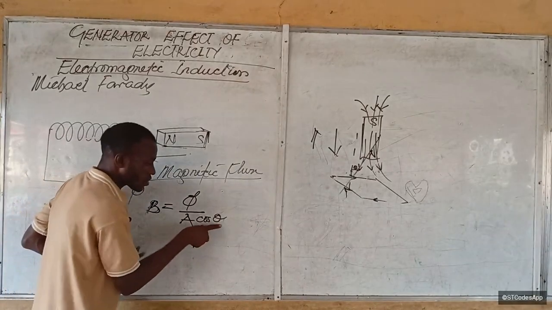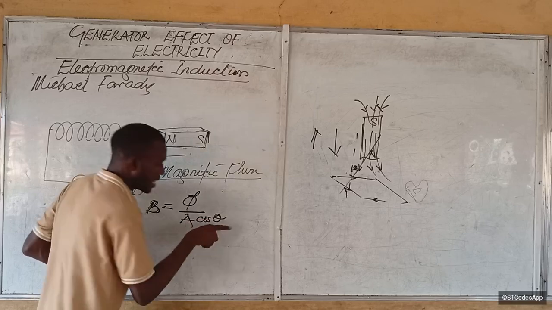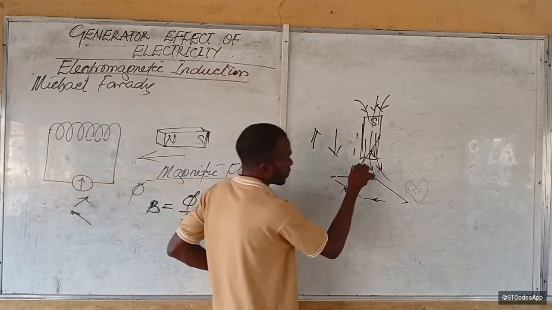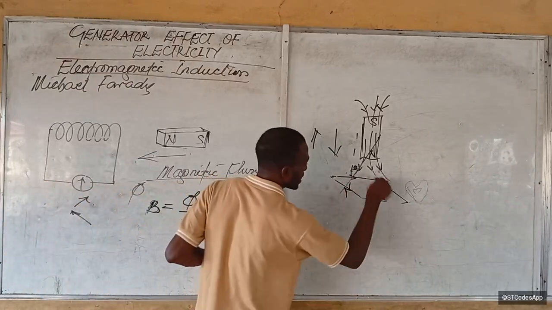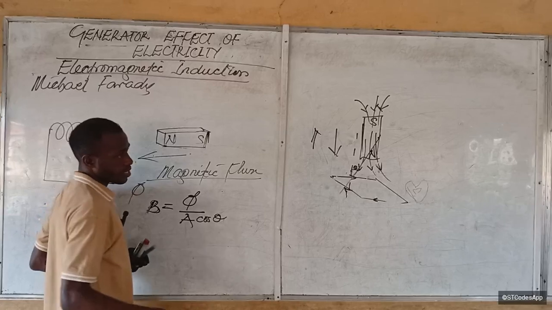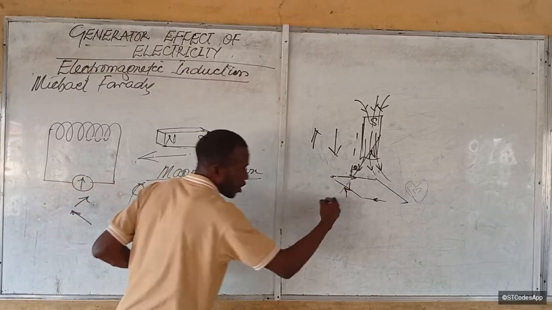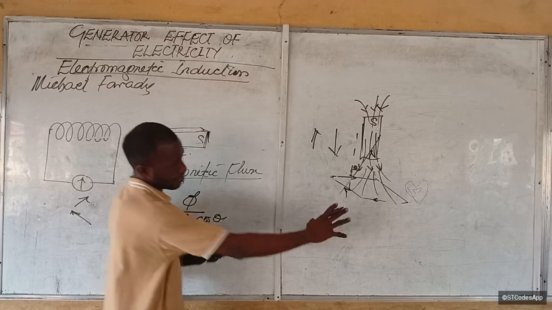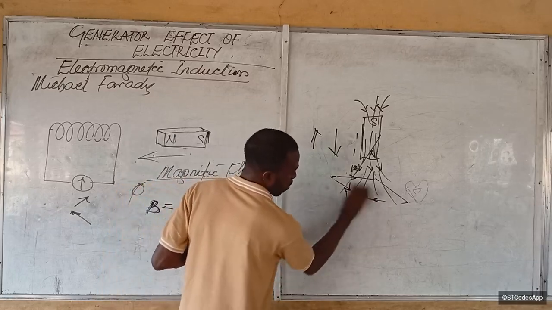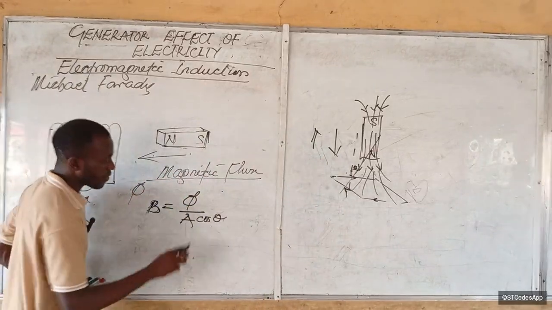But the closer to perpendicular, the closer to 90, this theta is, the lower the area that will be touched. The lower the area on this field that will be touched. You see, for my diagram now, the flux is higher because the area in which it is cutting through is much. Does that make sense now?